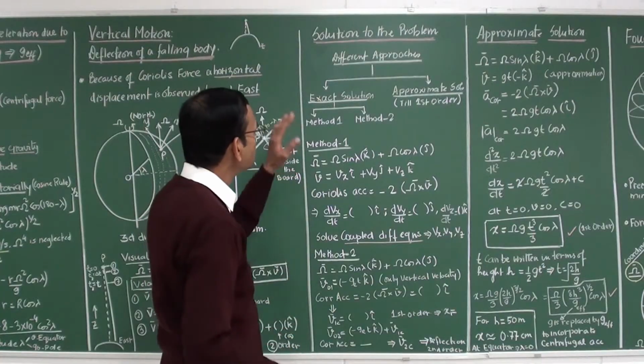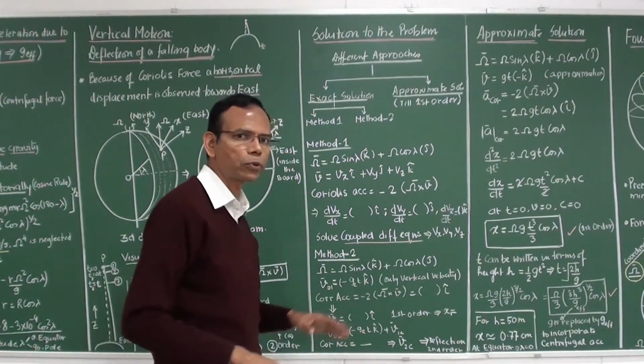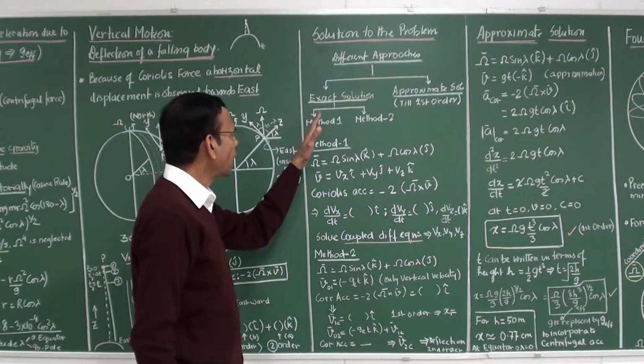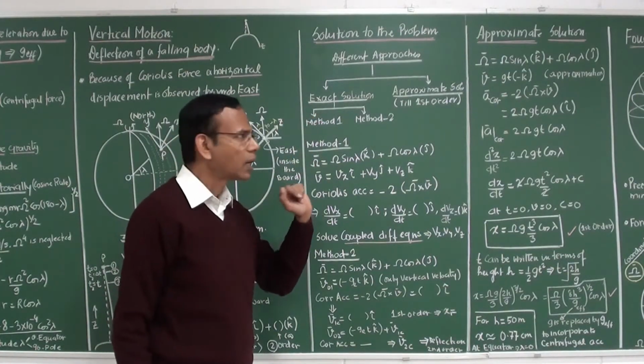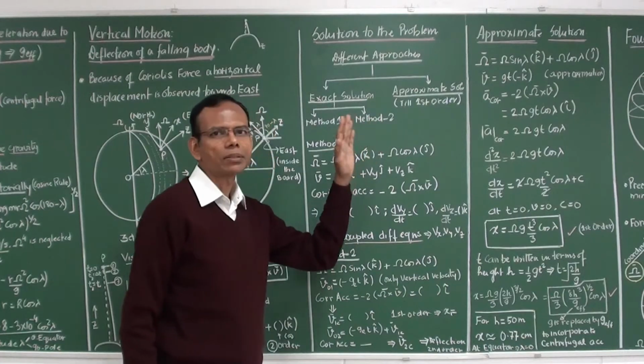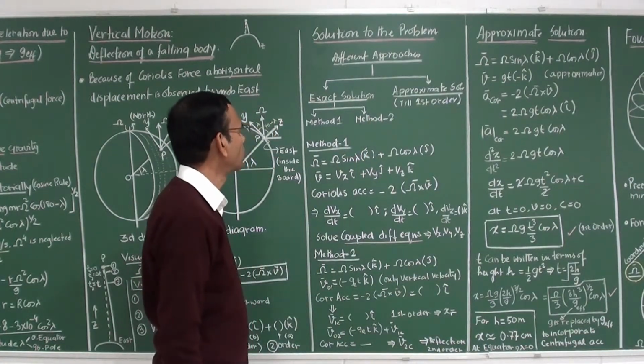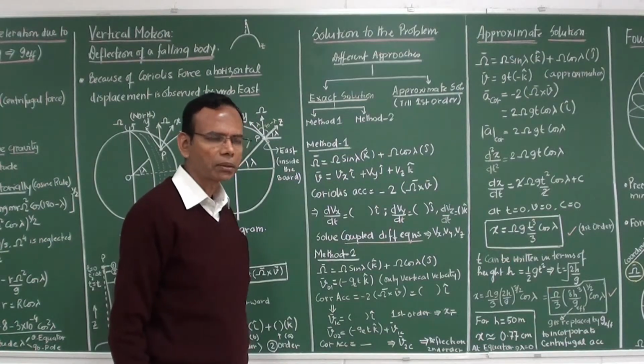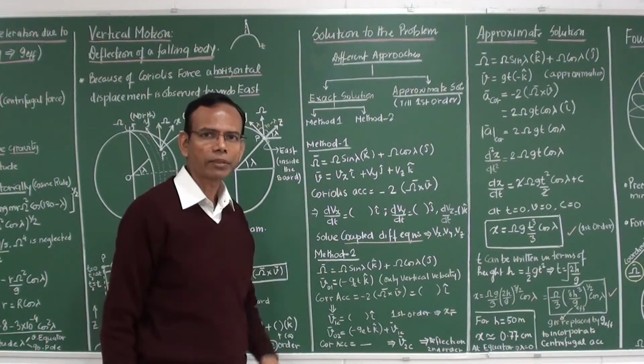That is the solution to the problem. There are different approaches to the solution. One approach is exact solution. Other one is approximate solution. Now, in exact solution also there are different methods of doing it. Briefly we will see what the different methods are.